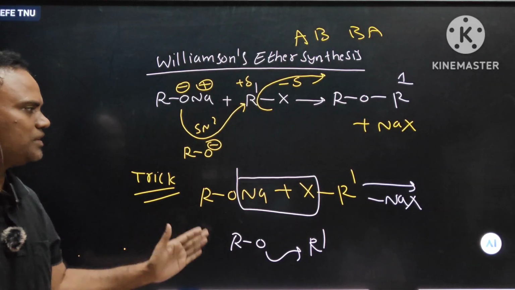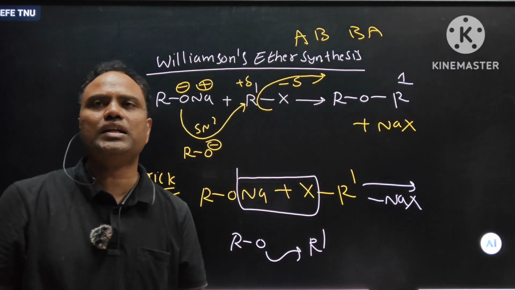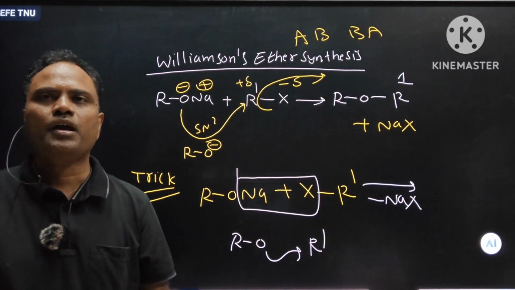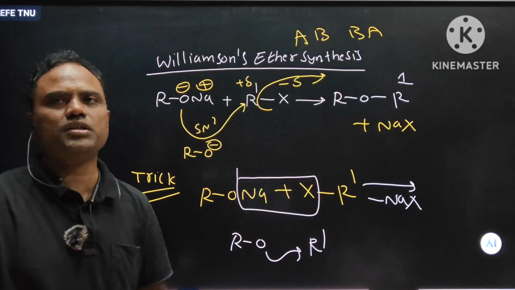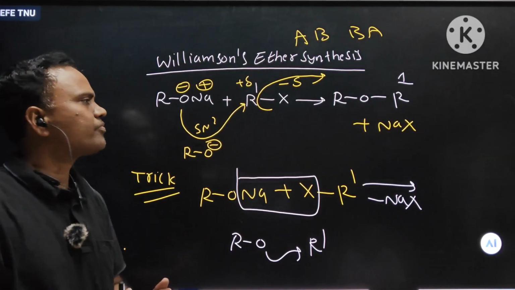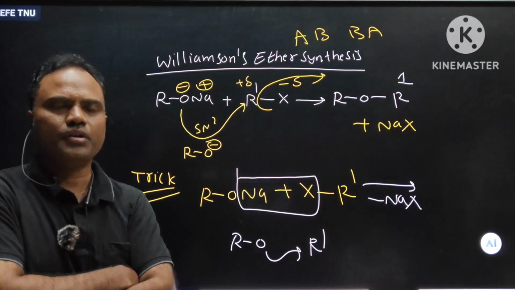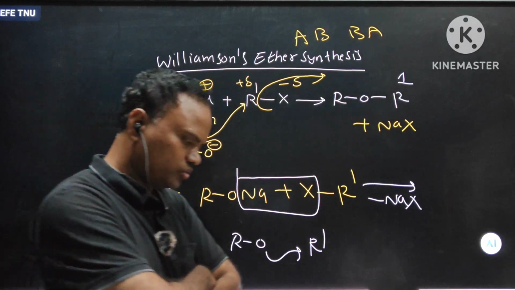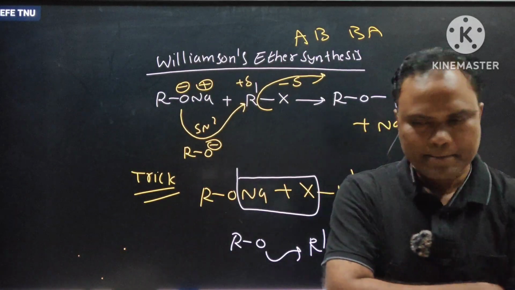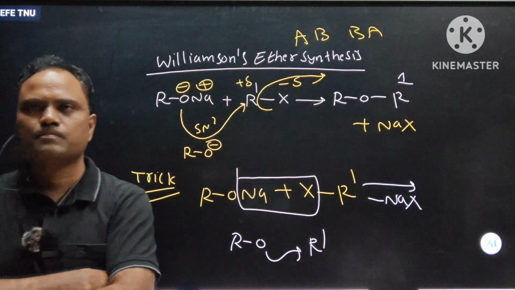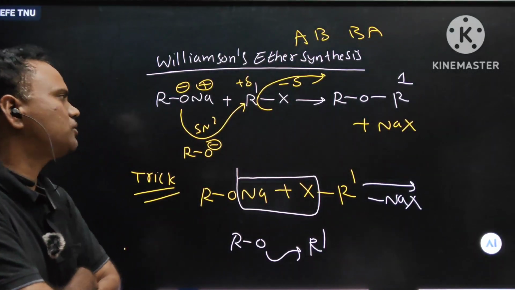This is Williamson's ether synthesis, already given in the alkyl halides chemical properties, a very important reaction. And I gave the condition also. What is the condition for R dash? R dash should not equal to... Very good.